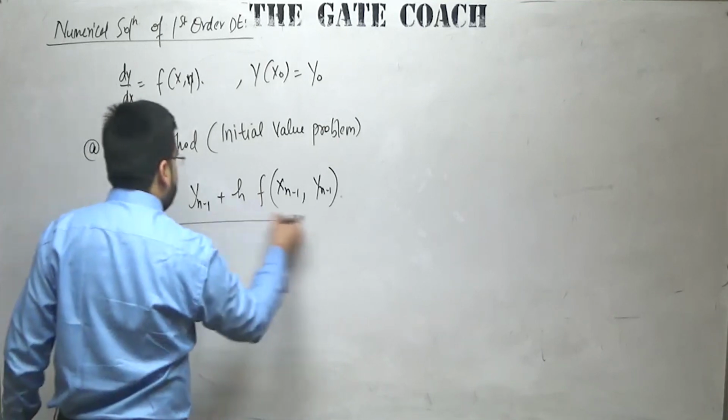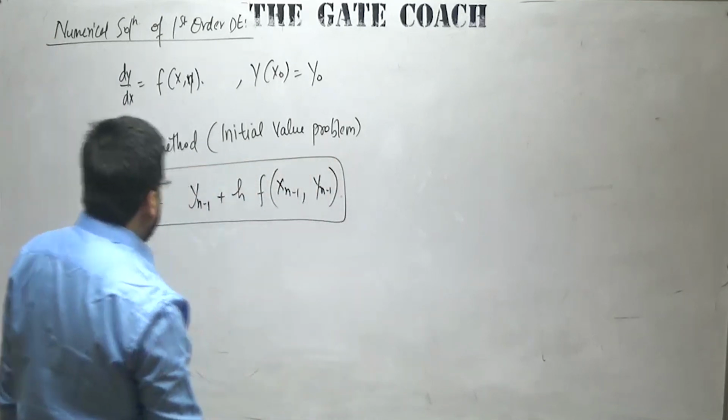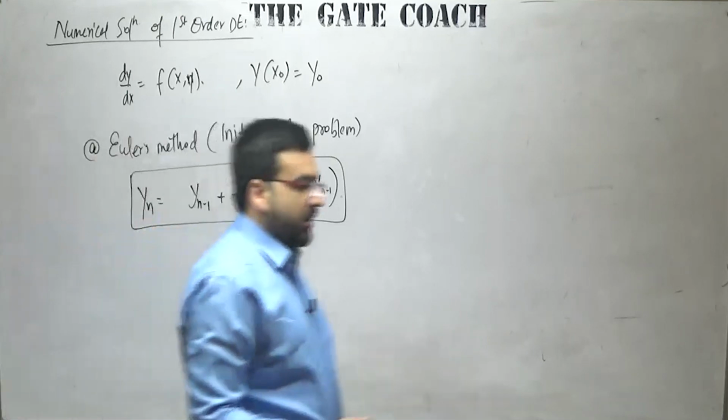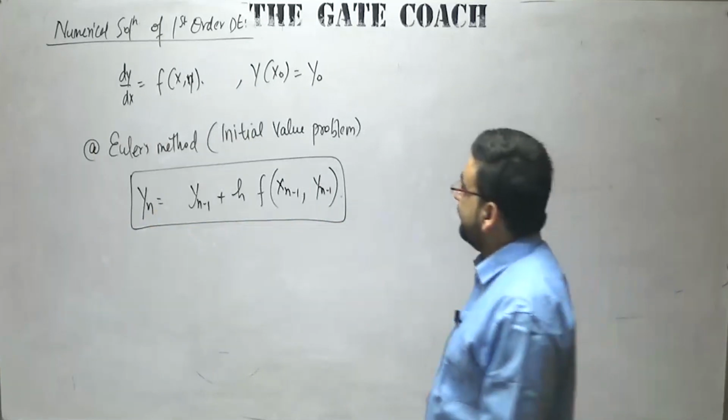This is Euler's method. Just keep on putting the values of x and y, and you will get the solution of the differential equation.